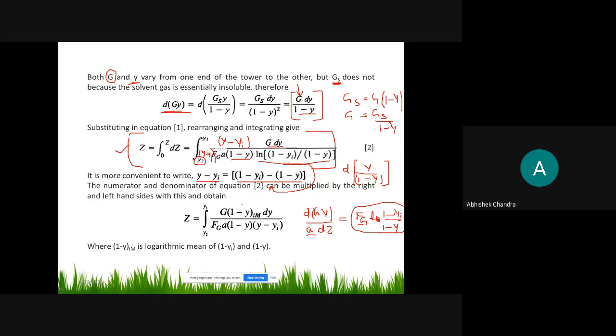Therefore we replace this whole term with the logarithmic mean, 1 minus y im. They represent the logarithmic mean of 1 minus y. And in the denominator y minus yi terms will come. And the rest of the term is present in Fg a, 1 minus y. So z dy, this is the height of the absorption column. And this ym is the logarithmic mean of this.